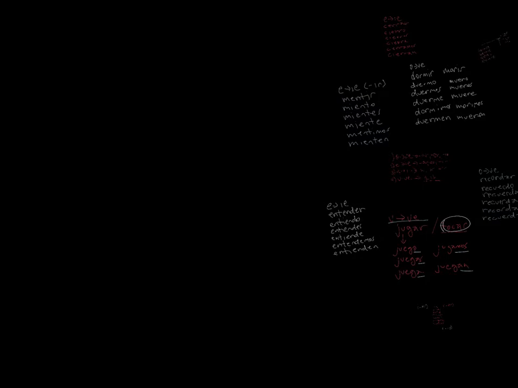Let's take a look at some exercises for this O to UE. Let's take a look at a verb, for example, to count. To count is contar. Okay, this is an O. Contar. It is a stem-changing verb. So I count, you would say yo cuento.